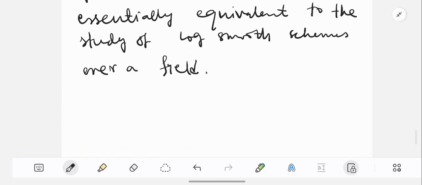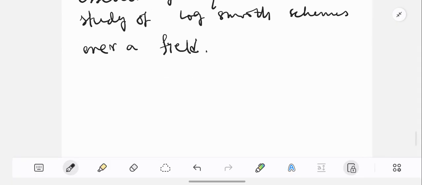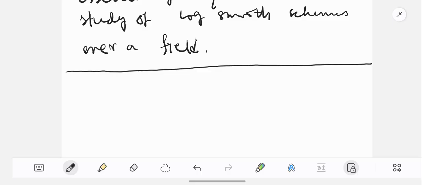Okay. Now let's illustrate how log geometry works in the basic case of a compactification. So take an open immersion j from U to X like above.